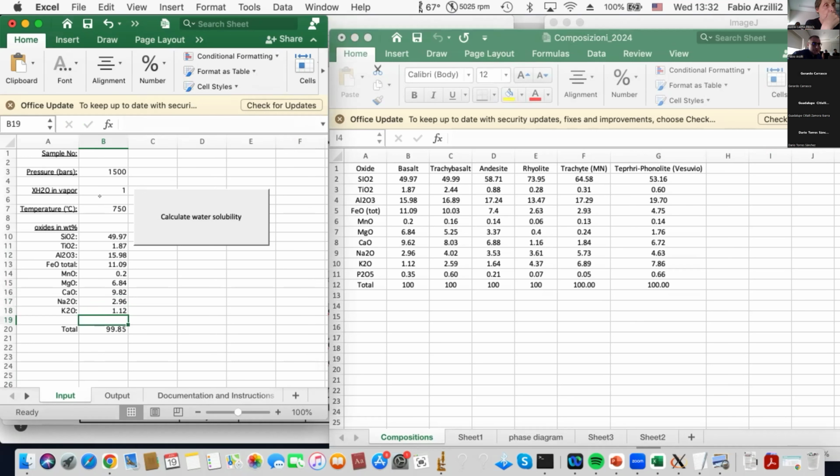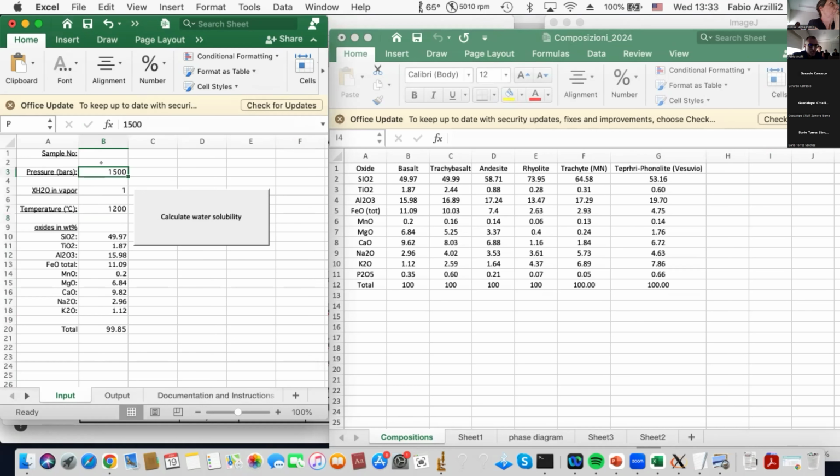Now, what you want to investigate is the solubility at fixed temperature. Of course, if we increase the temperature, the solubility of water will be slightly lower. We put 1200 just as an example for basalts, and we assume only water in the system, no other fluid, so here we leave one.